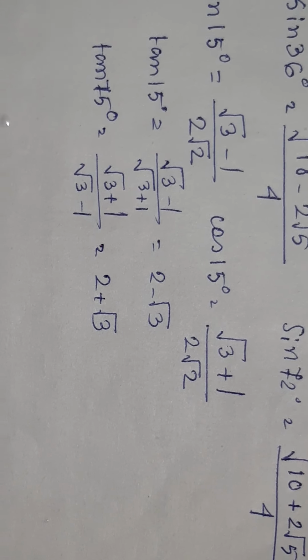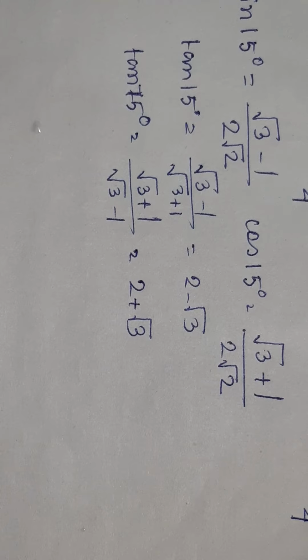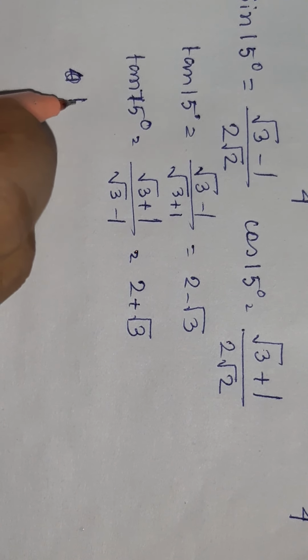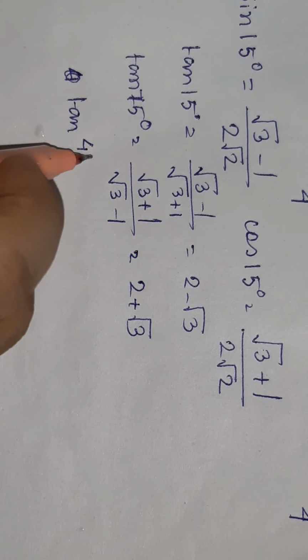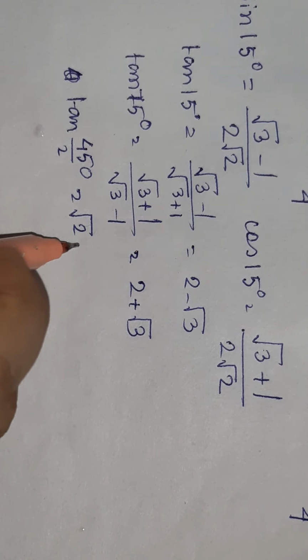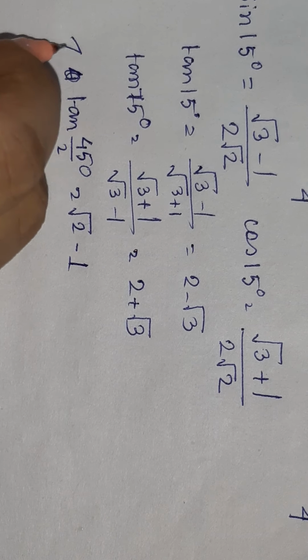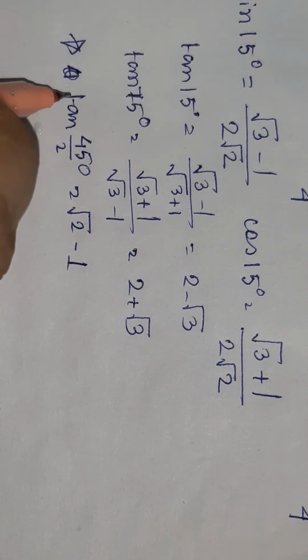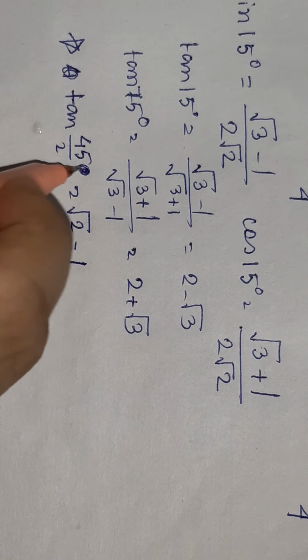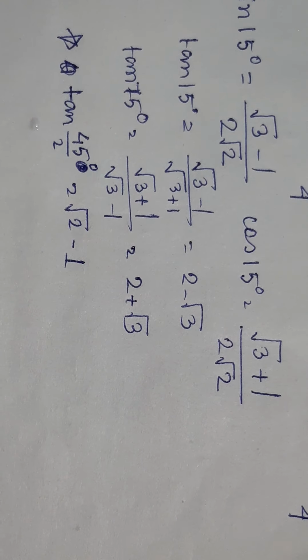And we have another very important one: tan 45 degree by 2, that is tan 22.5 degree, is equal to root 2 minus 1.